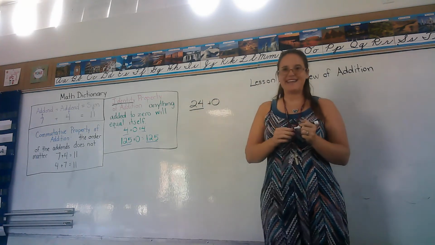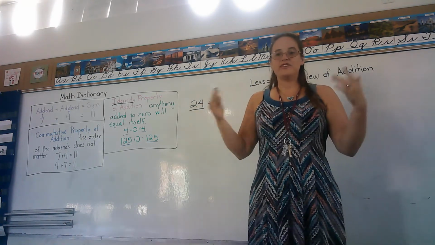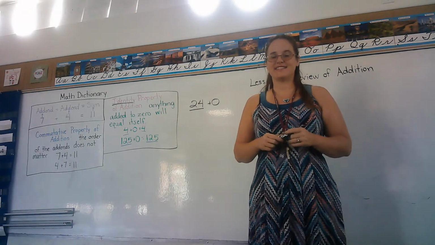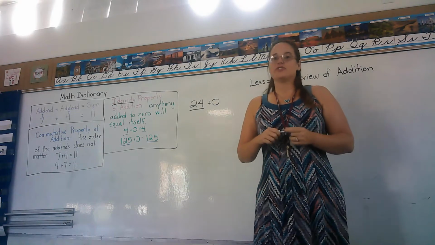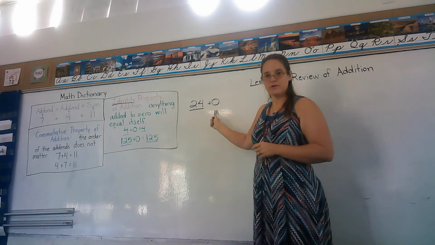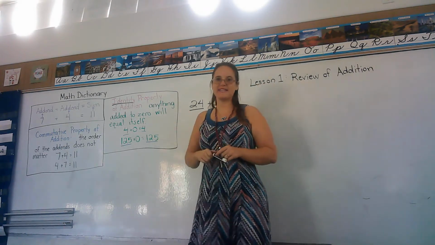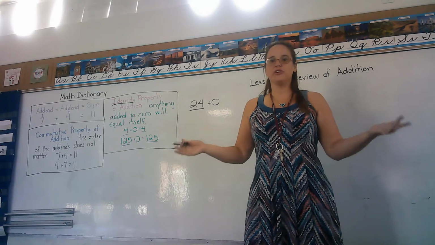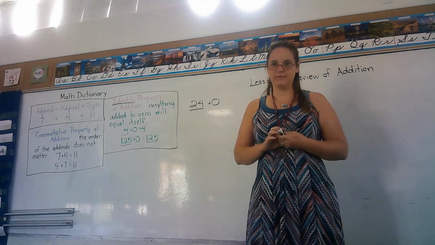0. We're adding nothing. If we don't change it, it's still 24. It still has the same identity. So we have a number that represents nothing, which is 0. And the identity property says, anytime you add 0 to any other number, you're still going to get that number.